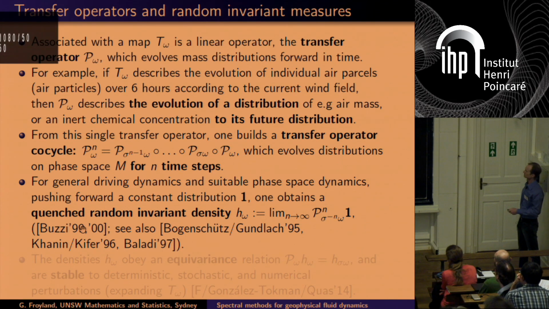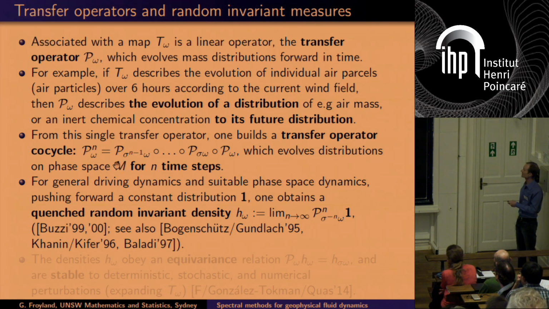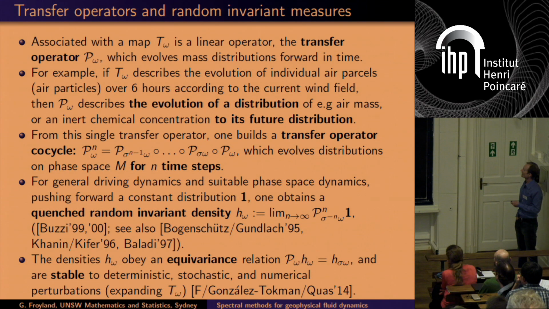Vous did some work on this in the late 90s and 2000s, and particularly in this very general driving dynamics case. Earlier work was on situations with less general driving. These densities obey an equivariance relation.